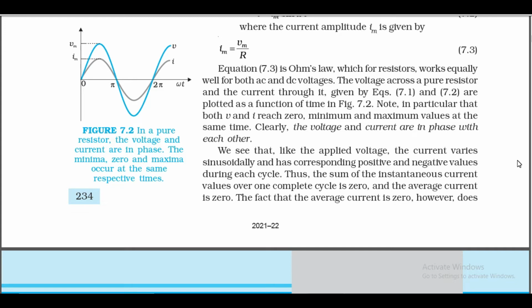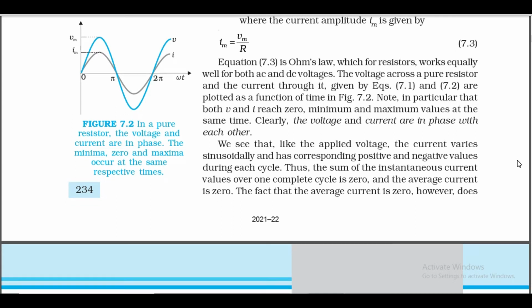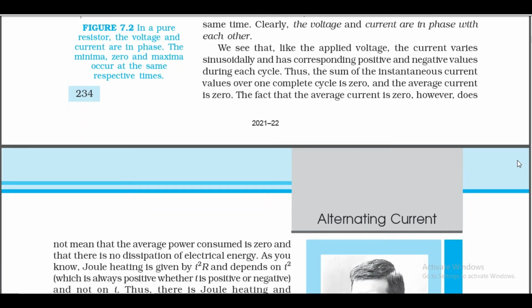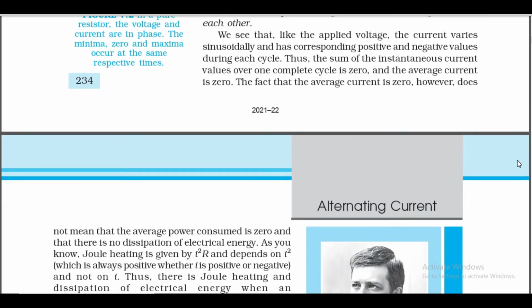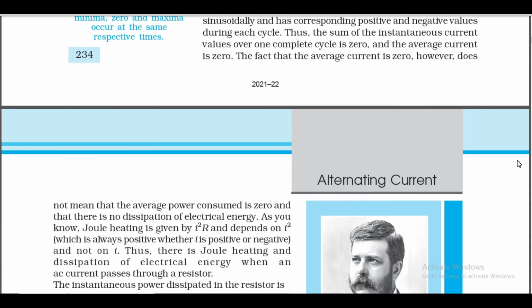Clearly, the voltage and current are in phase with each other. Like the applied voltage, the current varies sinusoidally and has corresponding positive and negative values during each cycle. Thus, the sum of instantaneous current values over one complete cycle is 0 and the average current is 0.